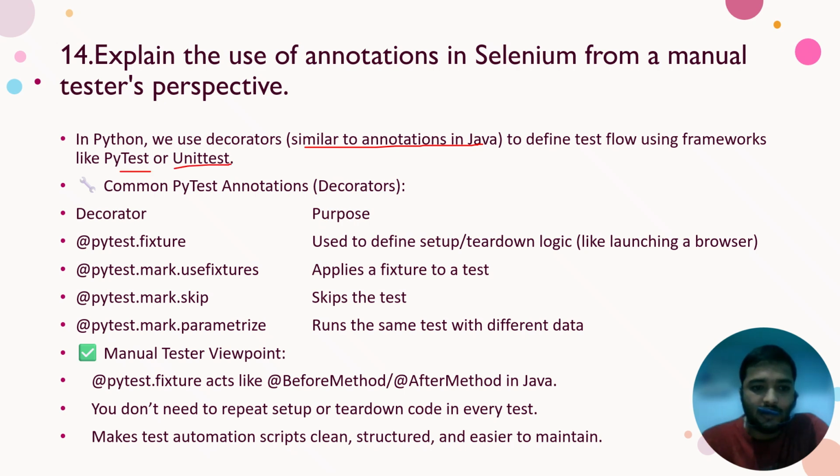Common PyTest annotations and their purpose: pytest.fixture is used to define setup or teardown logic, like launching the browser. pytest.mark.usefixtures is applied to a fixture or test, and pytest.mark.skip skips the test. pytest.mark.parametrize runs the same test with different data.